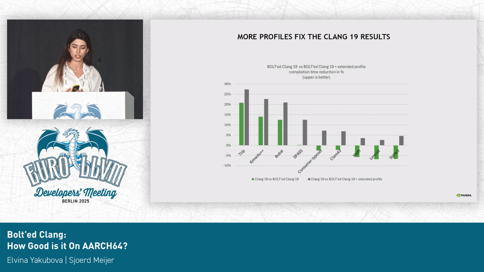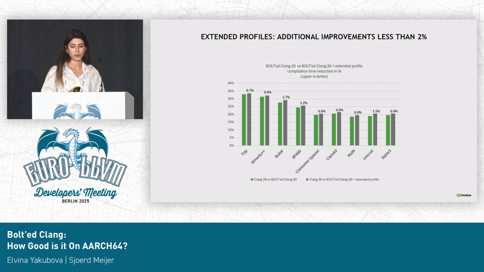So regressions were fixed, and we can see up to 6% improvement. But when we go to Clang 20, the results are not so impressive. On average, we have only 1% improvement. Again, here the gray charts mean Clang 20 with extended profile.